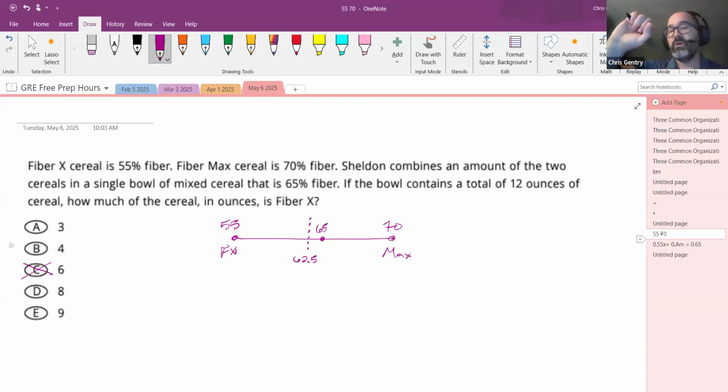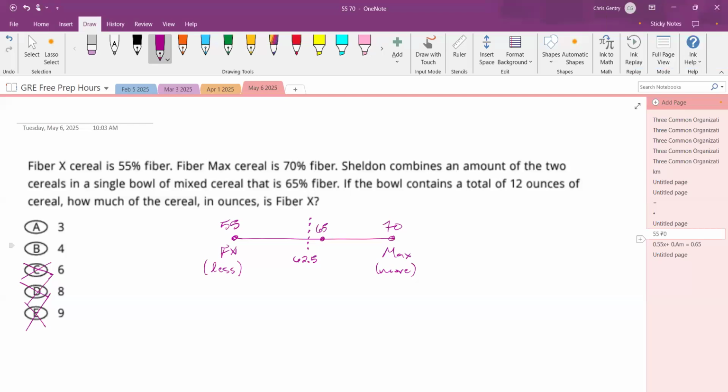And every movement towards fiber max is using more of fiber max. So we used more of max, less of x. They asked for x. So that tells me that 8 and 9 also have to be wrong. Okay. All good there? Yes. All right.